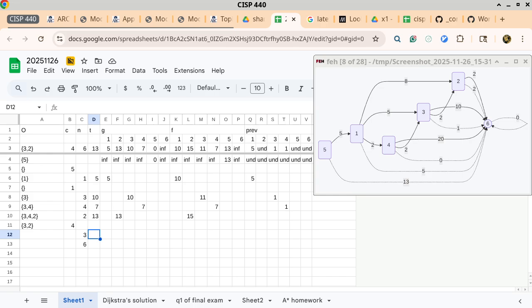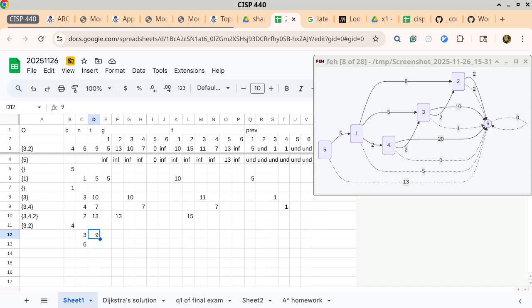So you add the edge or the distance of the edge for 3, which is 2, to 7. It is 9. What is this 9 representing? This 9 is representing the length of a path from the start vertex through vertex 4 to vertex 3. Okay? That path has a length of 9.